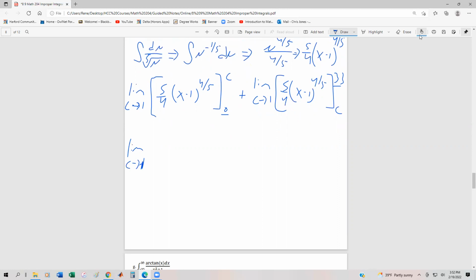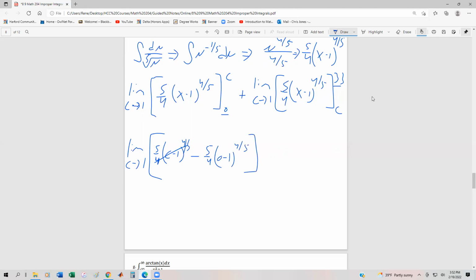I almost wrote infinity again. And I'm just going to combine all of this together. So we're going to have 5/4 of c minus 1 to the 4/5, which we know is going to go to 0 anyway, minus 5/4 of 0 minus 1 to the 4/5.